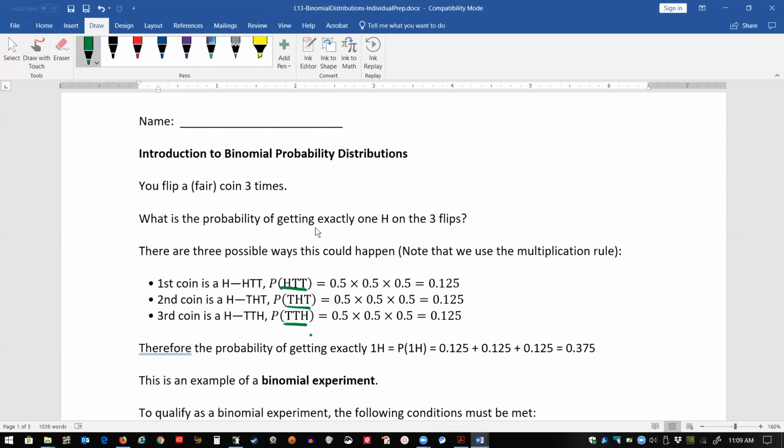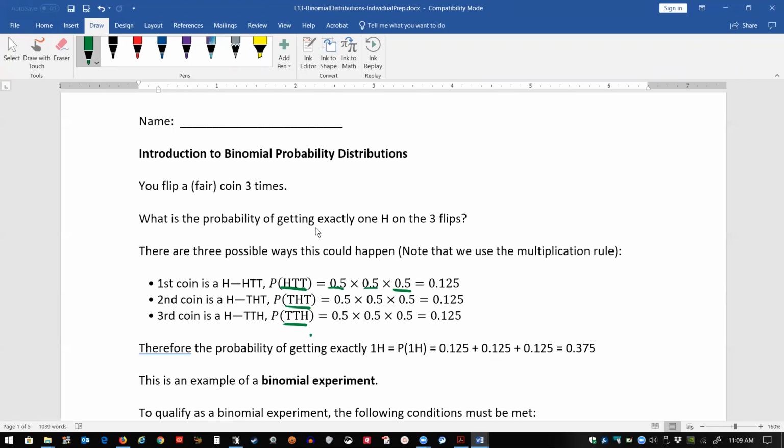Just using our counting rule that we learned in a previous lesson. The probability of getting a head on the first flip is 1/2. Probability of getting a tail on the second flip is 1/2, and a tail on the third flip is 1/2. So 0.125 is the probability of this first outcome. 0.125 is also the probability of the second outcome. And same thing for the third one.